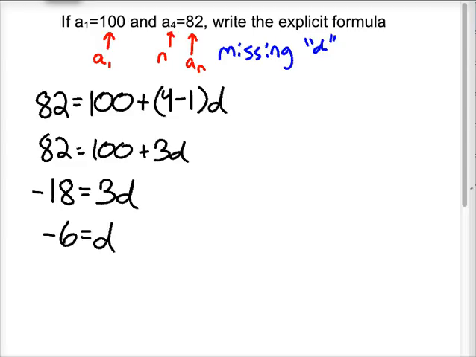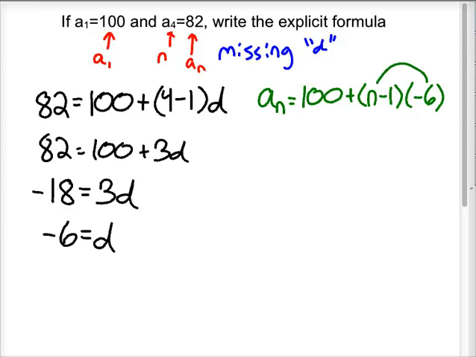So what that means is I'm ready to actually write my explicit formula. I'm going to go back and plug that in. My A1 is still 100. And in the explicit formula, remember, n is your variable. n is the thing that you want in there. And you want to be able to plug in d, so I put negative 6 in for d. Now I'm going to clean this up a little bit.